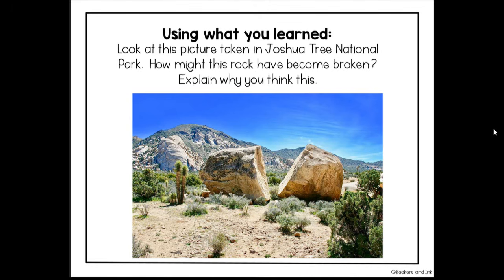One answer might be temperature. I see some cactus plants there, and that tells me that it could be very hot during the day. Perhaps over a very, very long period of time, the rock could have expanded and contracted and expanded and contracted, and that could have worn down the molecular structure inside and caused it to crack. What did you think?